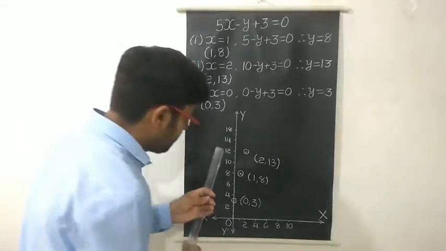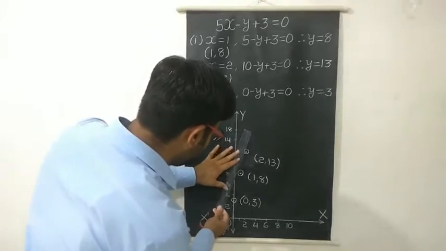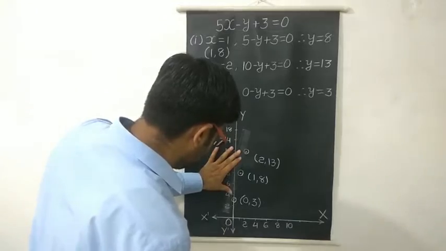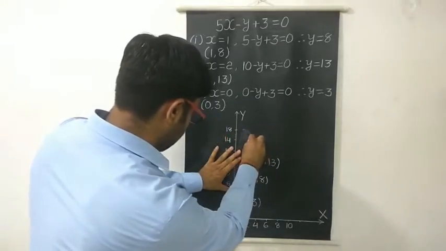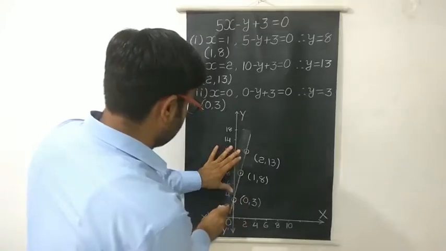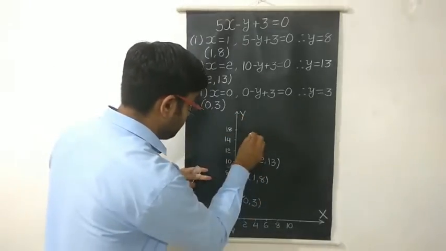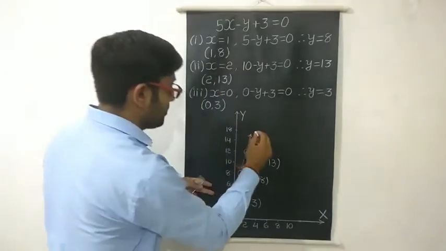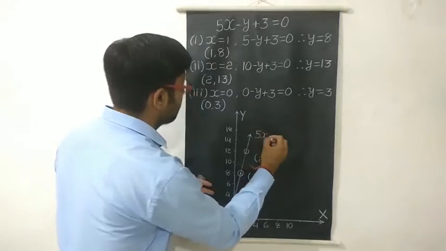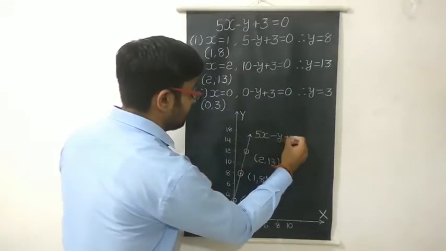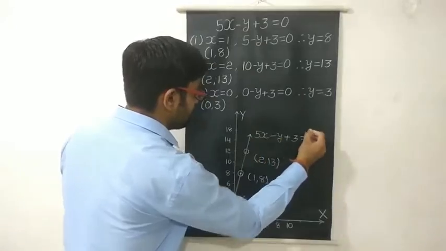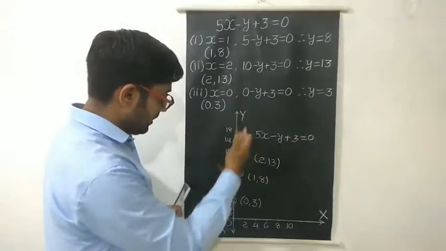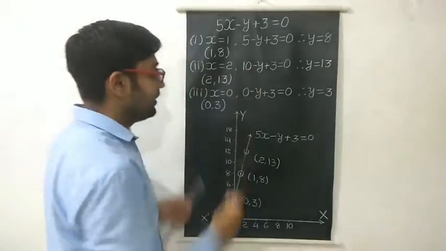By joining all the 3 points, you can see that we get a straight line. And this straight line is of which equation? This equation, 5x minus y plus 3 is equal to 0. Right? So in this way we can draw the graph of this linear equation.